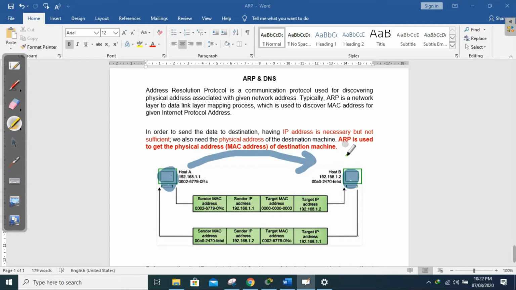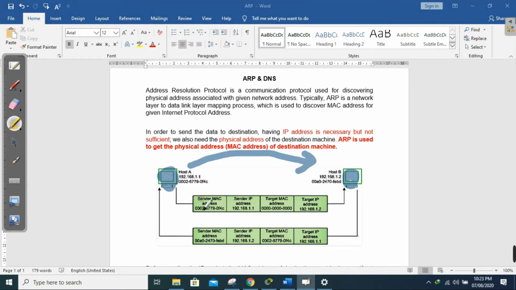So ARP helps us get the physical or MAC address of that destination machine. For example, if I want to send data from host A to host B, I may definitely know the IP address of host B, but I also need to know the MAC address of host B. If I don't know the MAC address of host B, then I can't send my data to host B. So to send the data perfectly, I need the MAC address along with the IP address.